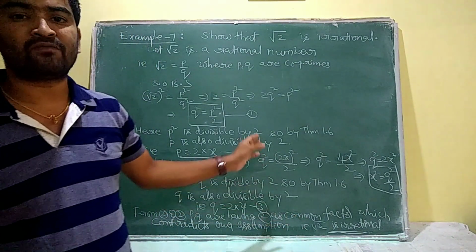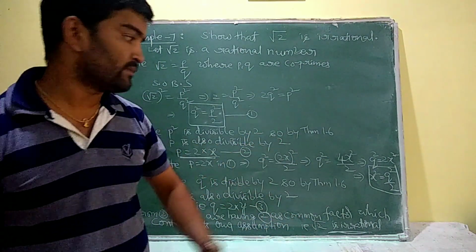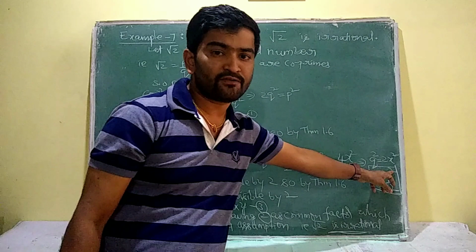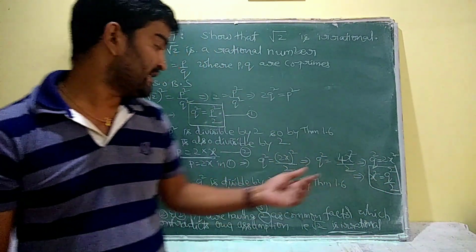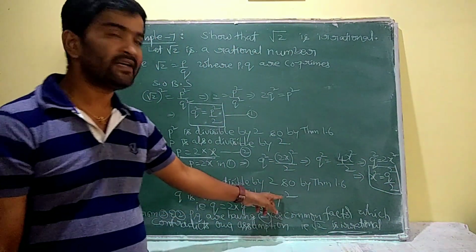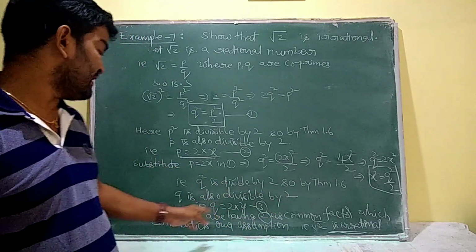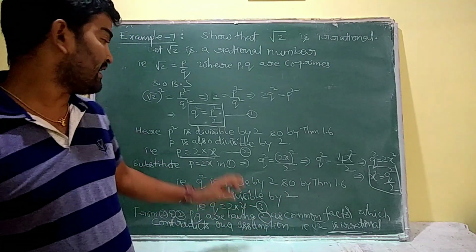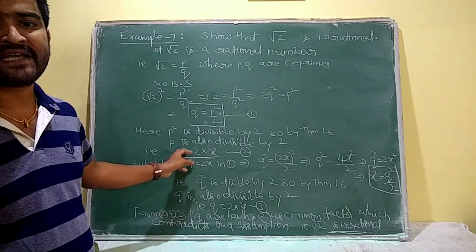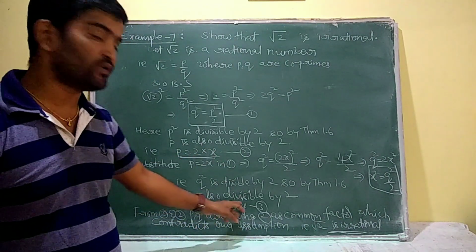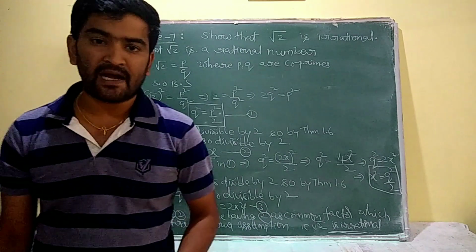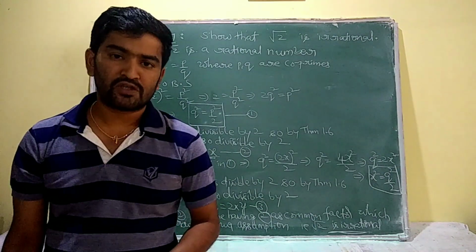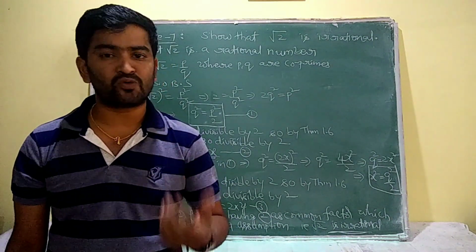Again the same theorem 1.6 is applicable here. See ma, here this q square is divisible by 2 exactly. That means q is also divisible by 2. That means this q is going to be expressed as 2 into some y. How are we writing p as 2 into x and q as 2 into y? For example, 8 is divisible by 2, so that 8 can be expressed as 2 into some value.